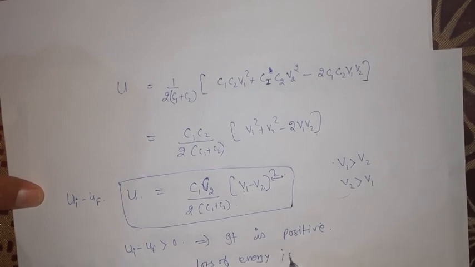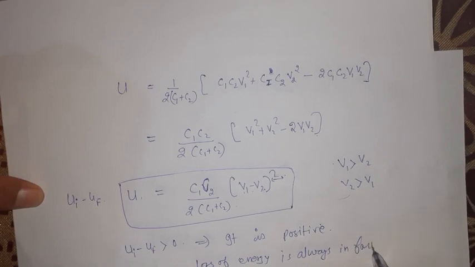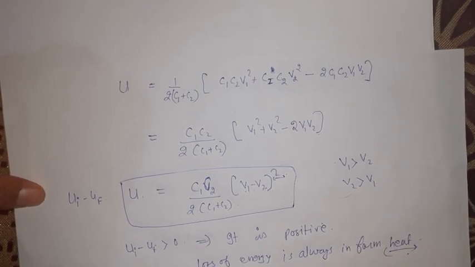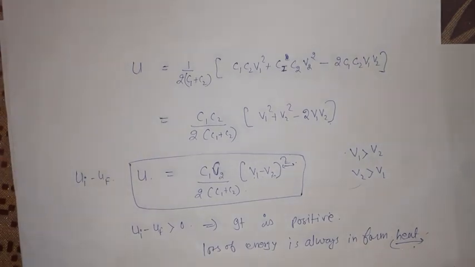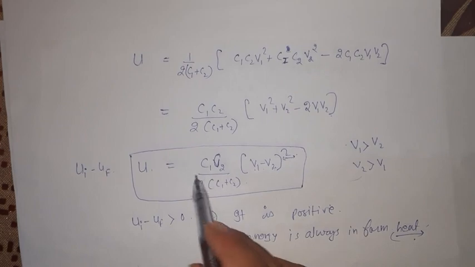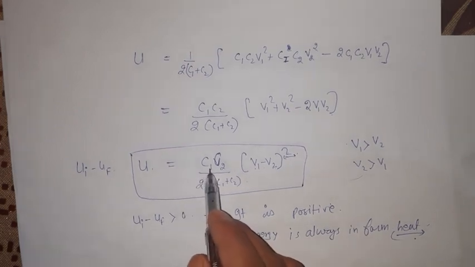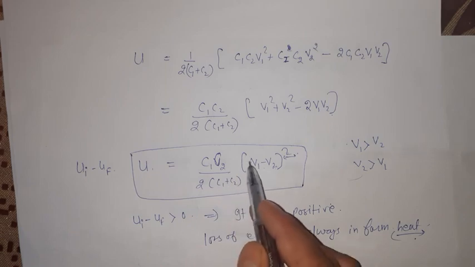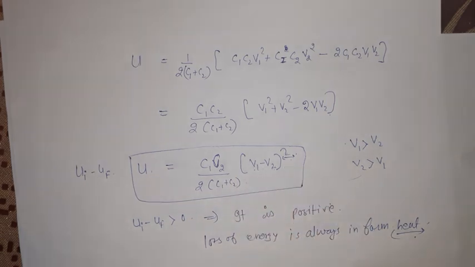Okay, so if the question is in which form there is this loss of energy, then we have to reply it is in the form of heat. And how much is this? It is given by this relation: c1 c2 upon double of (c1 plus c2) into (v1 minus v2) whole squared. Okay, so this is all from my today's video. Thank you, keep on watching.